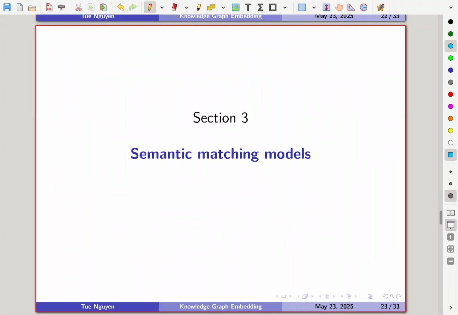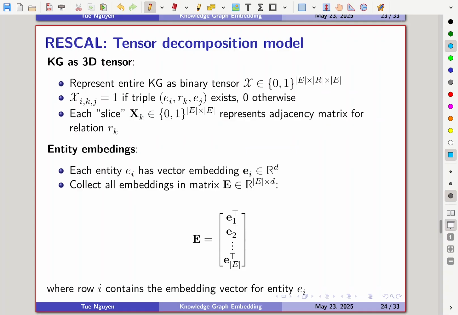Now we move to section 3 about the semantic matching models. The first model in this class is RESCAL, and it is based on a tensor decomposition model. The idea is that first we model the entire knowledge graph as a 3D tensor. We can imagine the whole knowledge graph is a cube with the rows and columns representing the adjacency matrix of entities.